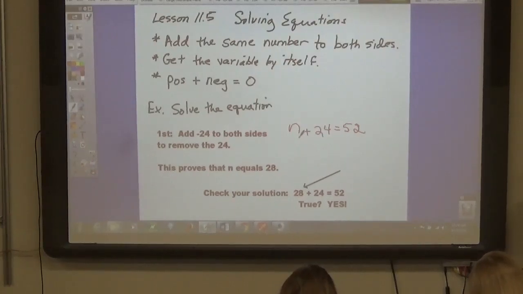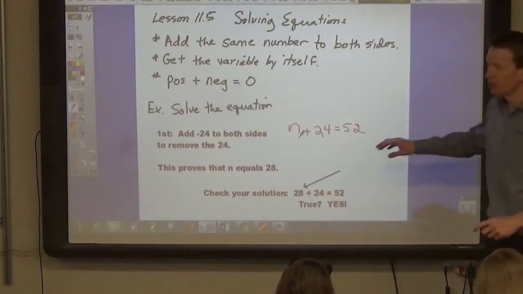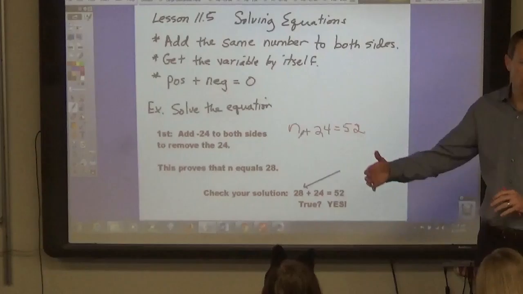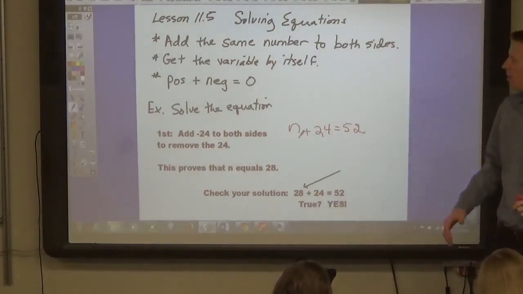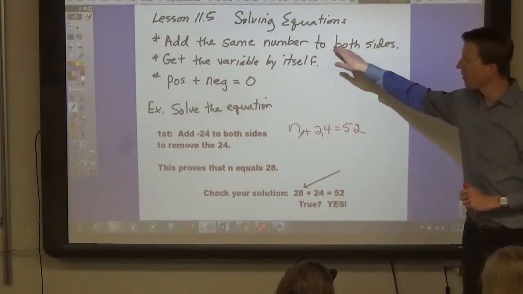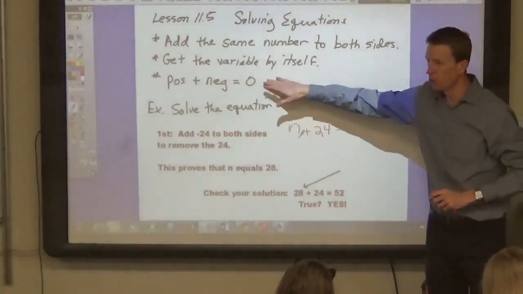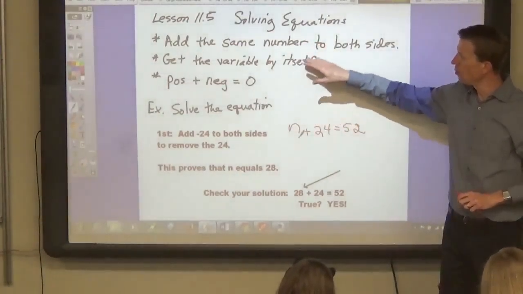So, sixth graders, last time in lesson 11.4, we talked about modeling equations and modeling solutions and then proving the solution. Okay? These are the things that we worked on. This is what you have to be able to do in order to solve an equation.